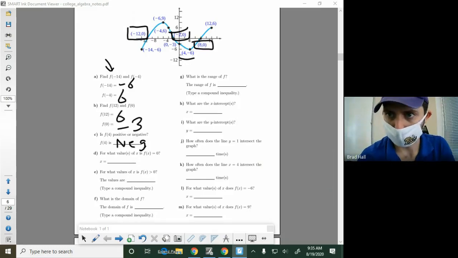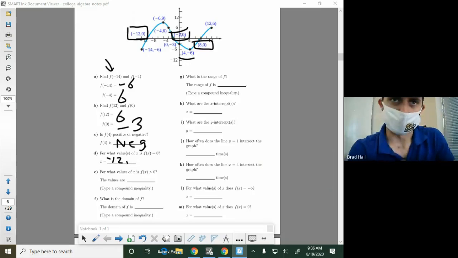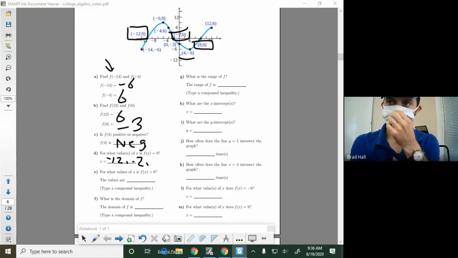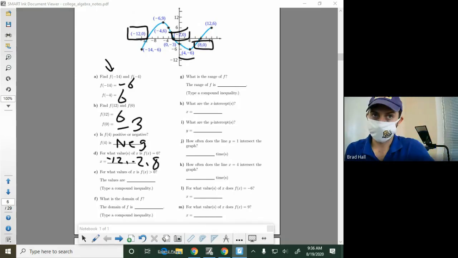So the x values, -12. The middle one might be hard to see. That's -2. And +8. So -12, -2, and +8. It's the x values that correspond to when y is equal to 0.